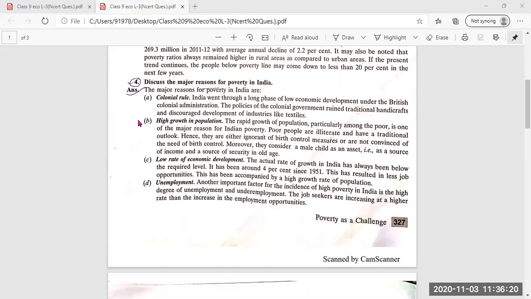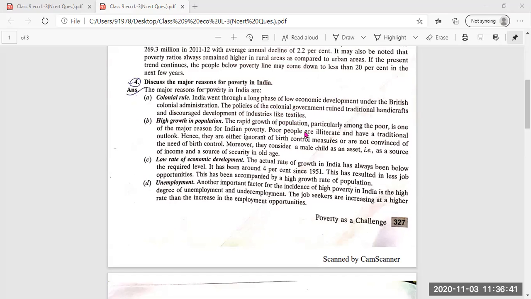That rule was called the British colonial administration, and at that time we suffered a lot from low economic development in India, and thus the policies of the colonial government ruined traditional handicrafts and discouraged development of industries like textiles.